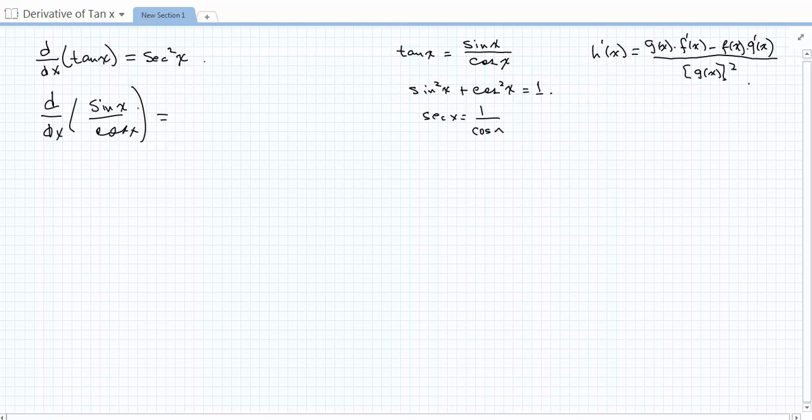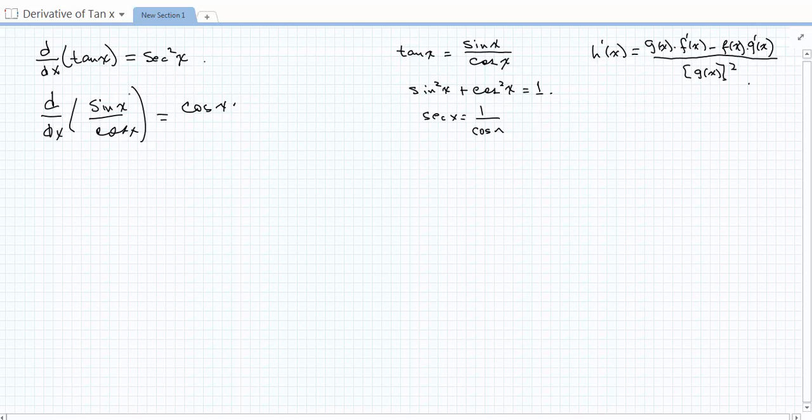And using the quotient rule for derivatives, we are going to multiply the lower function, which is cosine of x, by the derivative of the upper function.